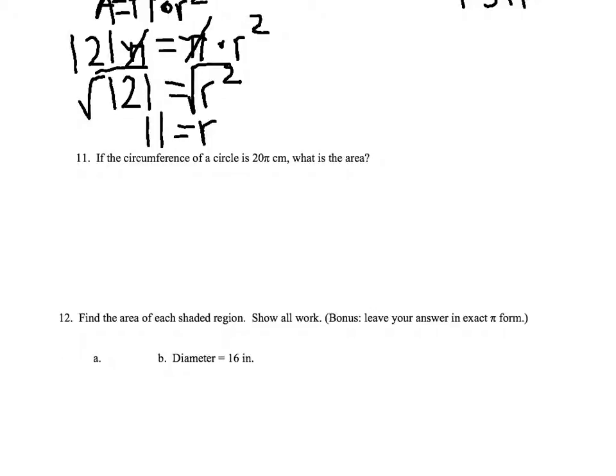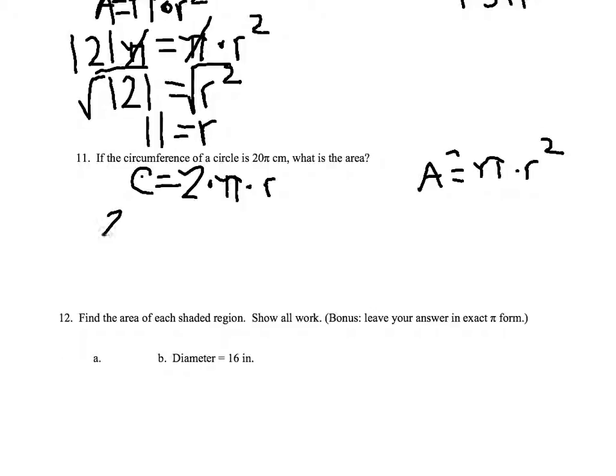In the next situation, it says if the circumference of a circle is 20 pi, what is the area? Okay, well, you know this about circumference. You know that circumference is equal to 2 times pi times r, and you know area is equal to pi times r squared. So they gave us that 20 pi equals 2 times pi times r.